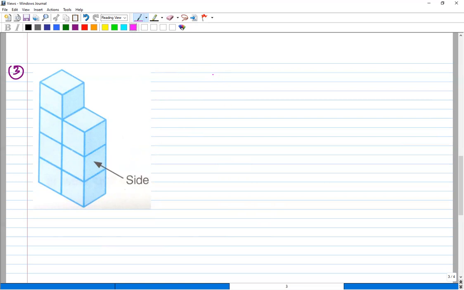Remember, we will need to view it from front, then we view it from the side, and we view it from the top. Okay, now, as usual, let's begin from the front. Remember, this is the front.